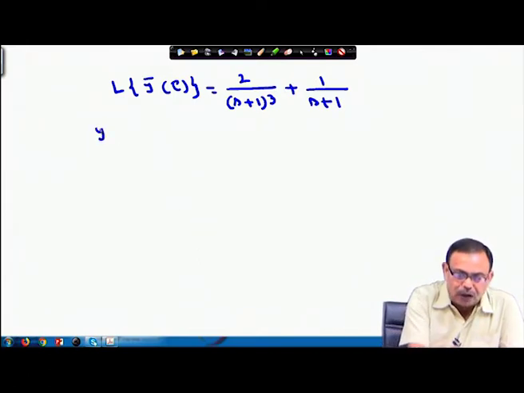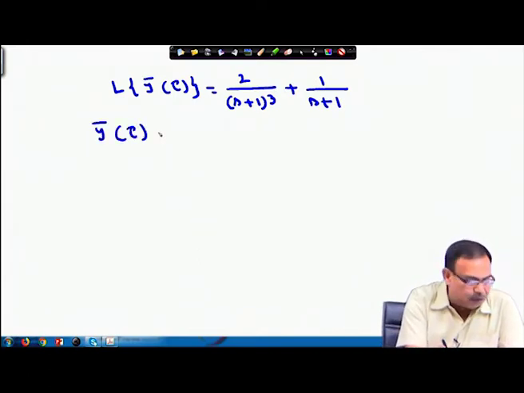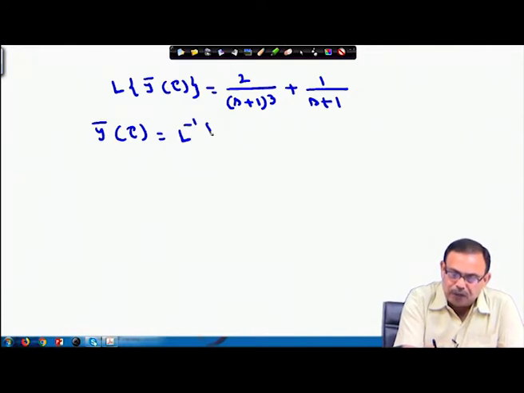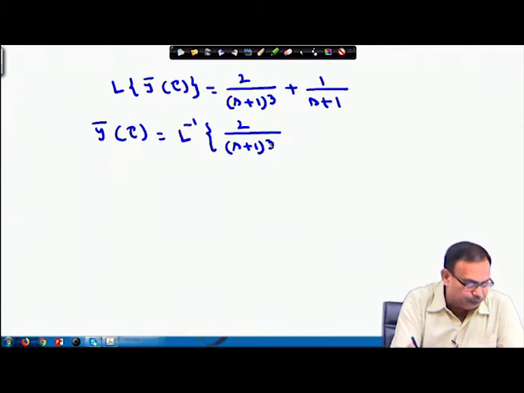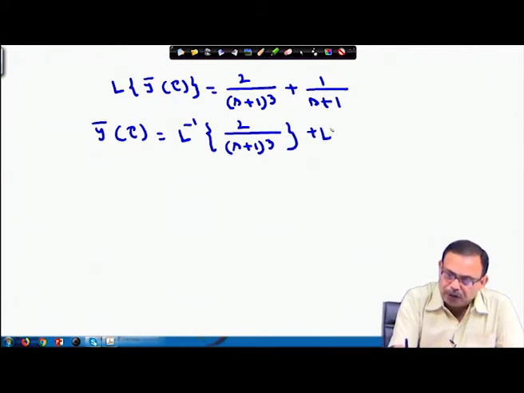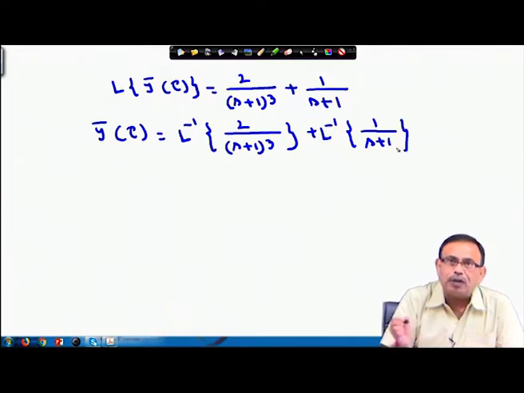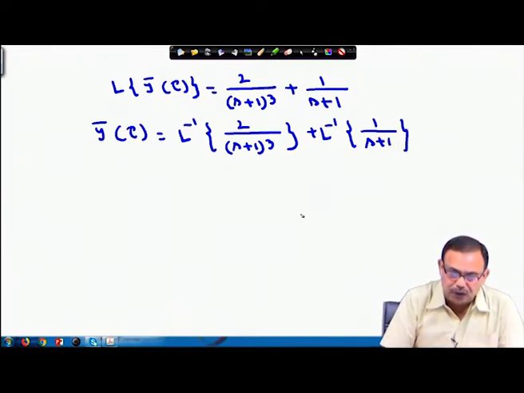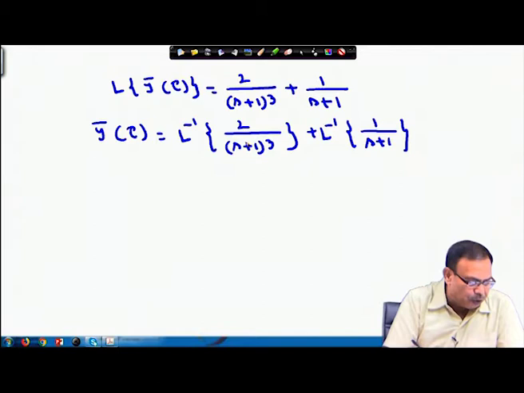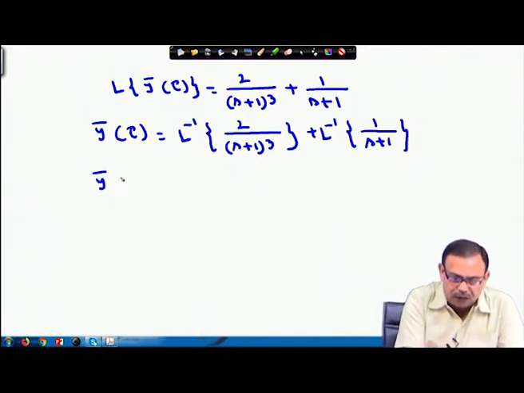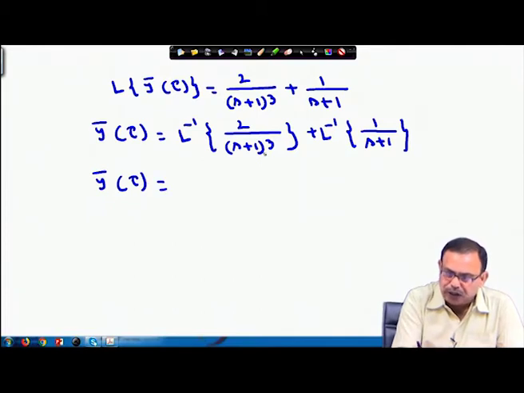So, y bar tau, now you can tell, is equal to Laplace inverse of 2 by s plus 1 whole cube plus Laplace inverse of 1 by s plus 1, and these two are known to me. Y bar tau equals this; s plus 1 also I can break.